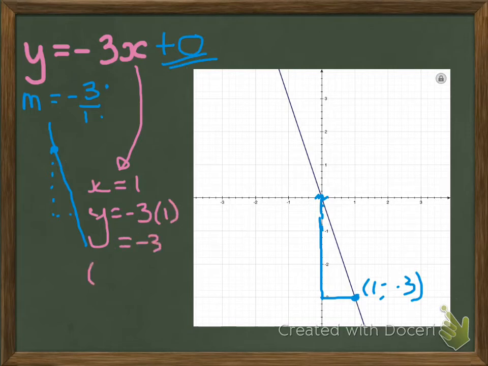So I get the point when x is 1, y is minus 3. If you don't feel like using x is 1, you could have used x is 2. And if x is 2 and you sub it in, you're going to get y is equal to minus 3 times 2, which is minus 6. Now, obviously, in this case, that means I would have had to have made my y-axis extend further down. That's a bit of a pain, so I don't really want to worry with that.